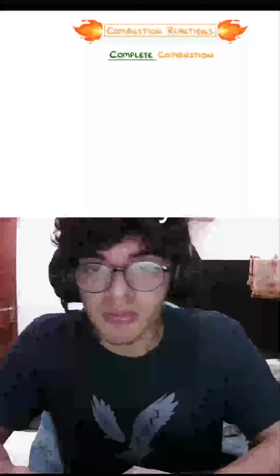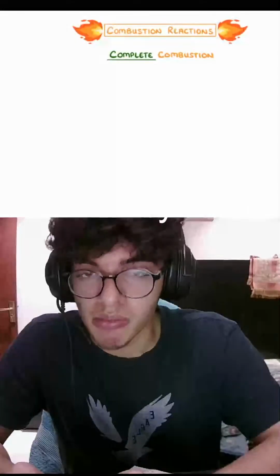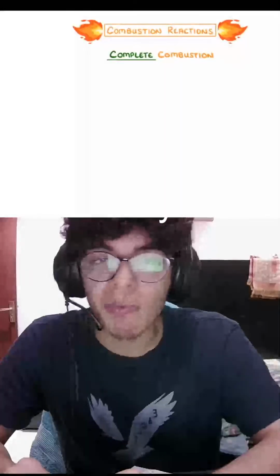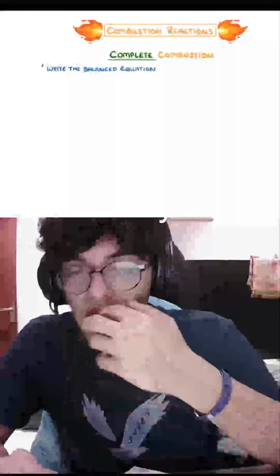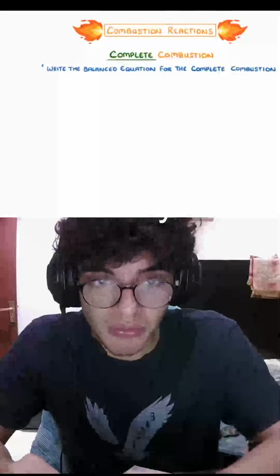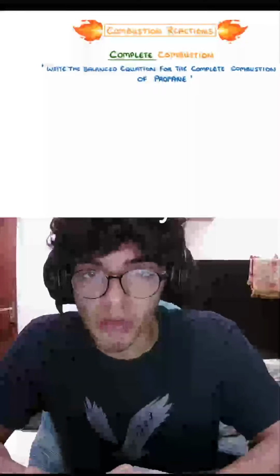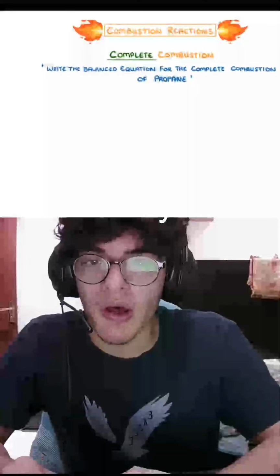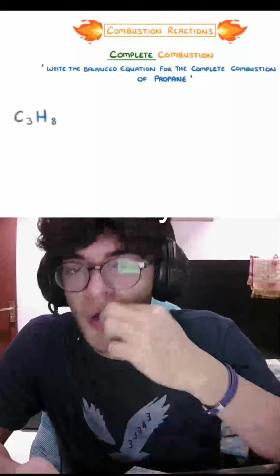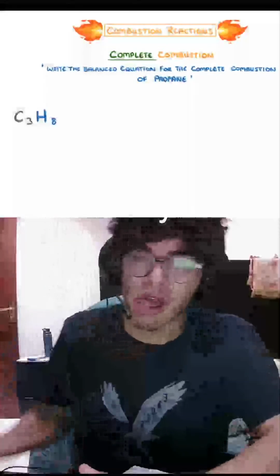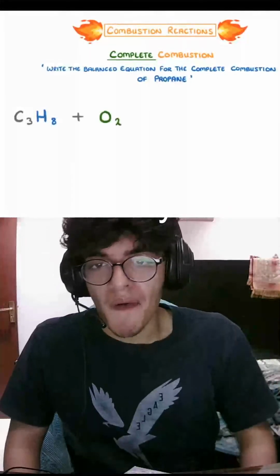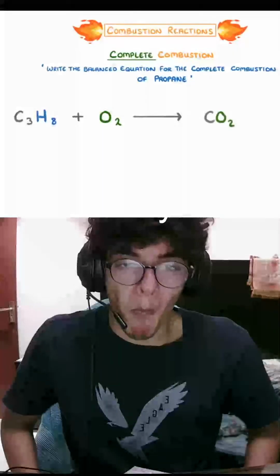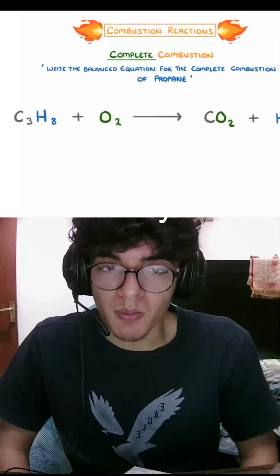Now, when it comes to exams, you need to be able to write out the equations and balance them. For example, you could be asked to write the balanced equation for the complete combustion of propane. Propane is C3H8. So we'll react this with O2 to form CO2 and H2O.